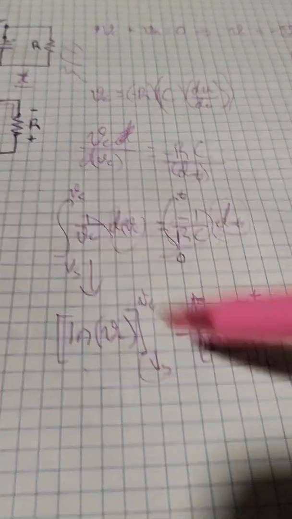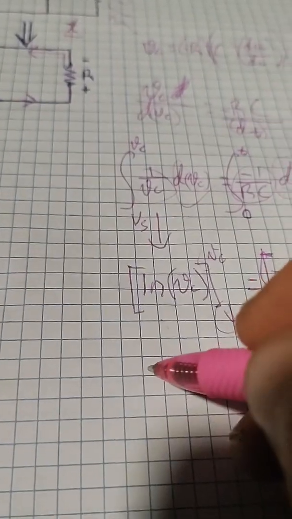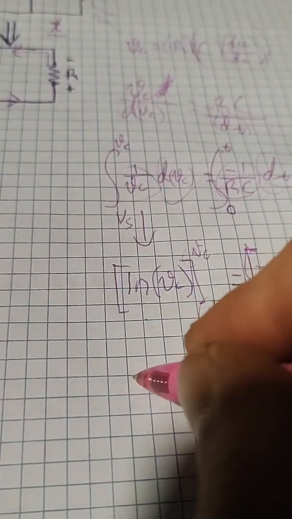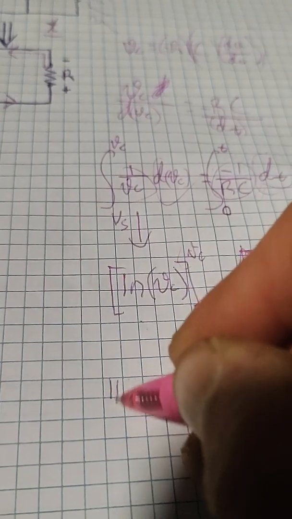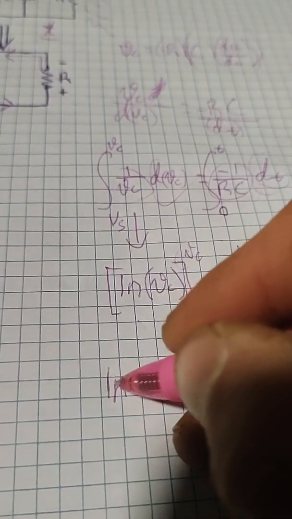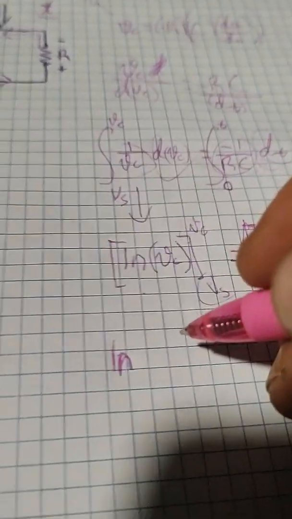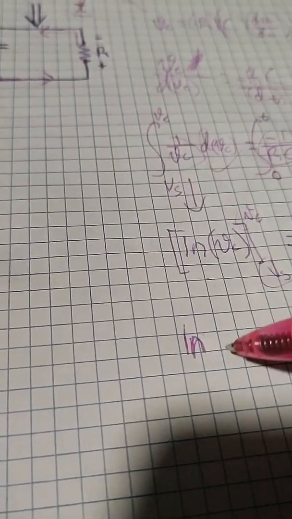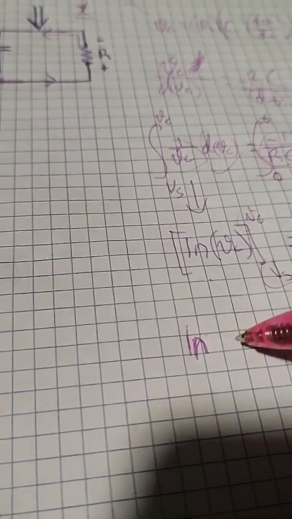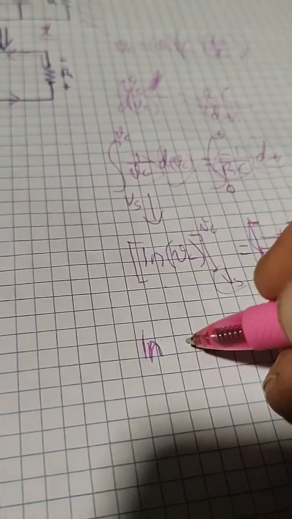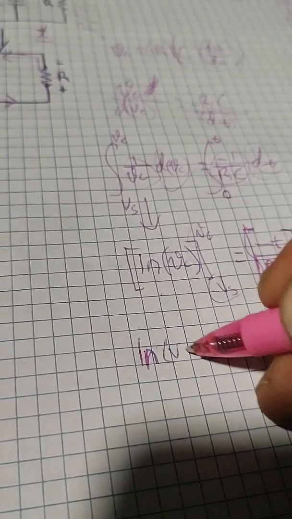It's this one minus this one. So, the natural log, ln, wow, murdered it through the phone there. A little laggy. Natural log of VC minus the natural log of VS.